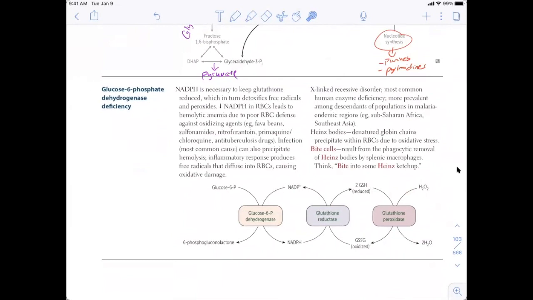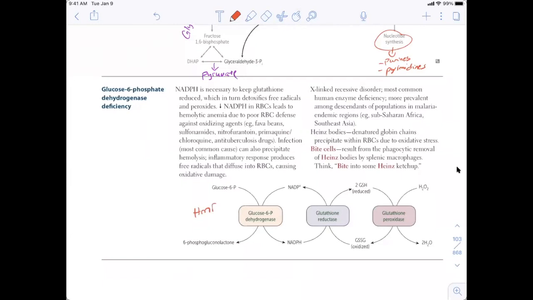Let's start on the left-hand side. On this left-hand side, I see glucose 6-phosphate and I see 6-phosphogluconolactone. What is this? That's my HMP shunt. Do you agree with me?